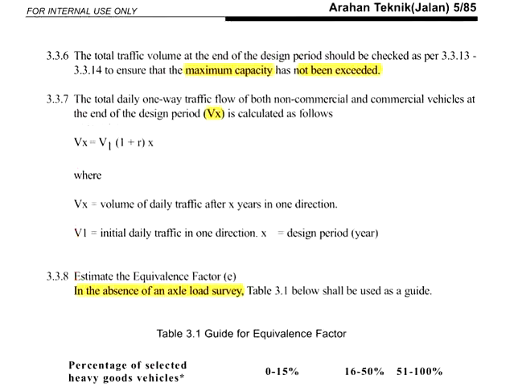Another important criterion that you have to check is the total traffic volume. Not only ensuring the structural stability, the designed route shall also be ensured in terms of functionality, where the maximum traffic capacity shall not be exceeded.